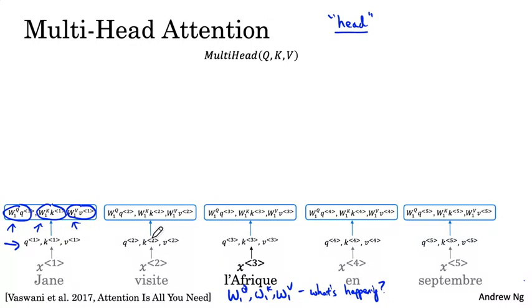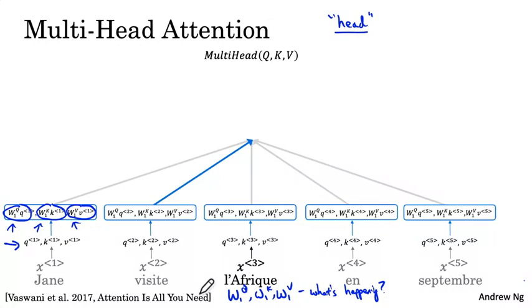With this computation, the word visite gives the best answer to what's happening, which is why I've highlighted with this blue arrow over here to represent that the inner product between the key for visite has the highest value with the query for l'Afrique, which is the first of the questions we'll get to ask. So this is how you get the representation for l'Afrique, and you do the same for Jane visite and the other words en septembre. So you end up with 5 vectors to represent the 5 words in the sequence.